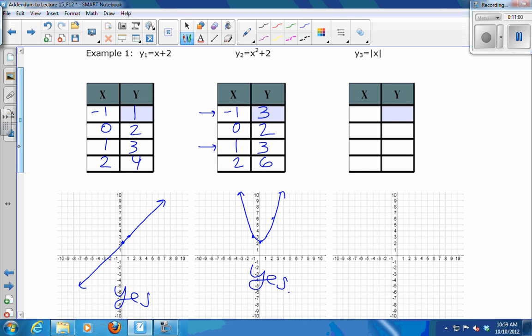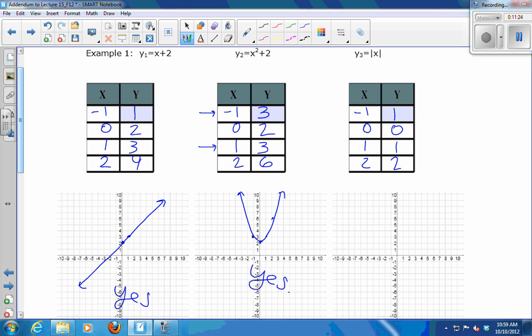Okay, let's look at the absolute value of x. Plug in some different x's. If I plug in a -1, what do I get for y? 1. If I plug in a 0, I get 0, 1, and 2. Does this look like it's a function? Yeah.